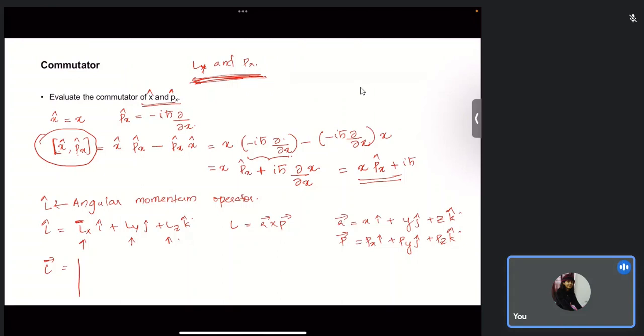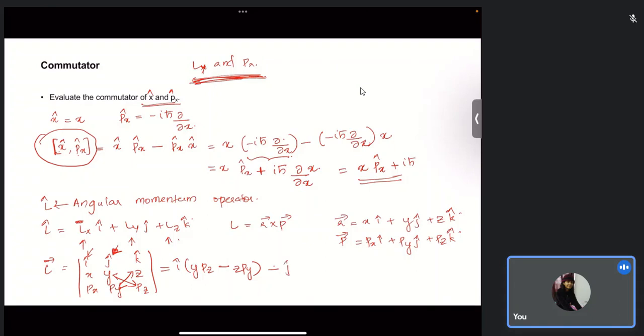So this can be written as the determinant with rows i j k, x y z, px py pz. So i cap into y pz minus z py, minus, so every odd entry of the columns is plus, and the even entry will be minus.